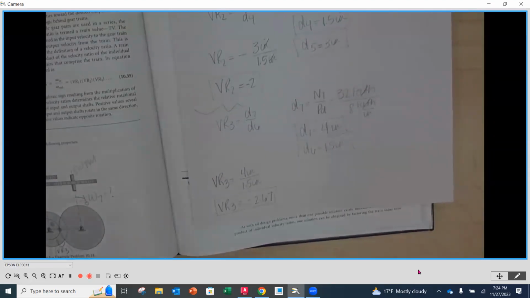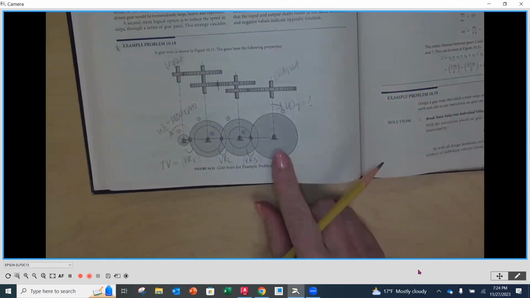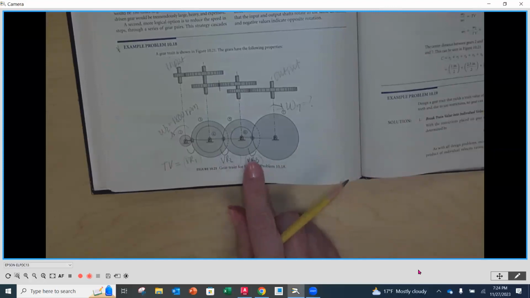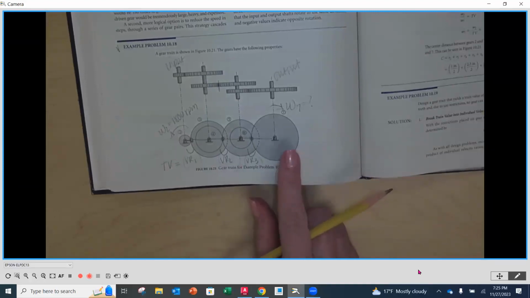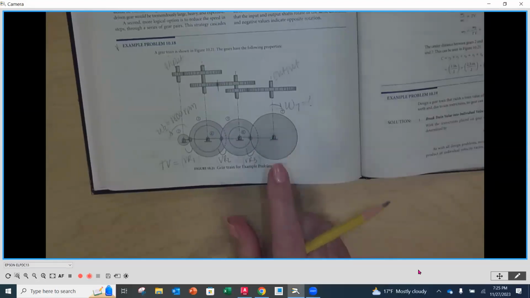So then now I grab another piece of paper. What we need to do is, the question wants to know what is the W7 of that last gear. So what we're going to do is figure out the train value. And once we have the train value, then we can figure out how much slower, if you would, gear number 7 is going than gear number 2.